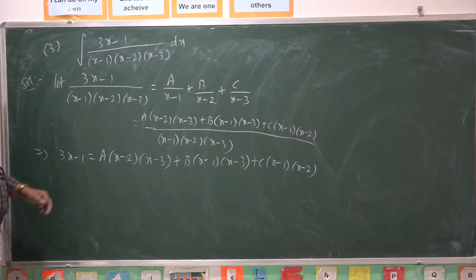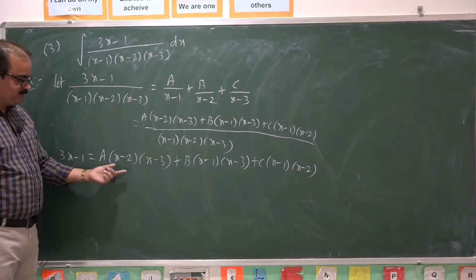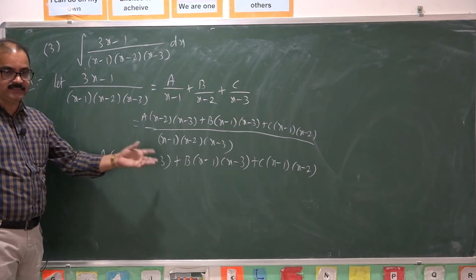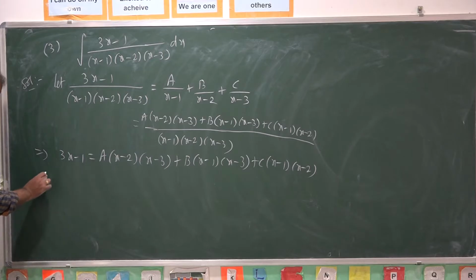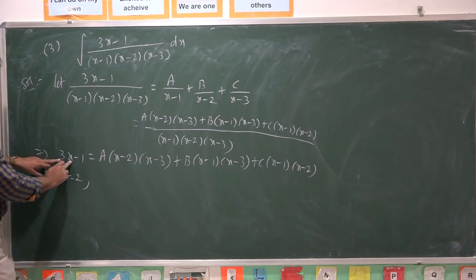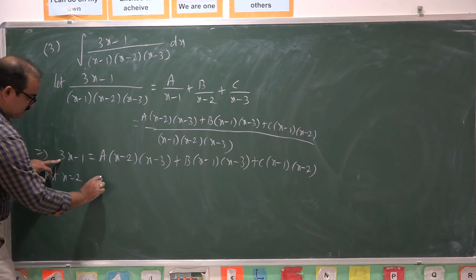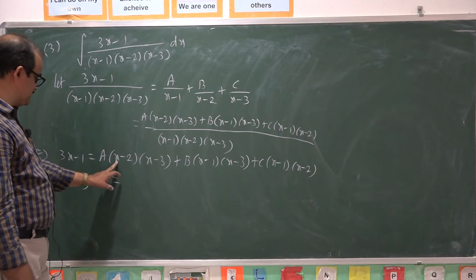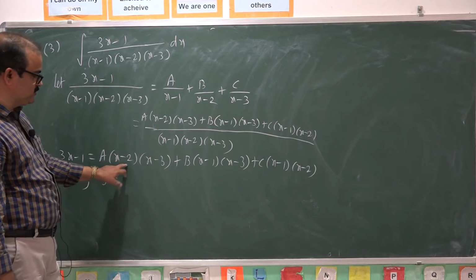Now when the first term becomes 0, either you put x is equal to 2 or x is equal to 3. You put x is equal to 2. Then LHS becomes 3 into 2, 6 minus 1, 5, is equal to: the first term becomes 0, 0 into anything is 0.